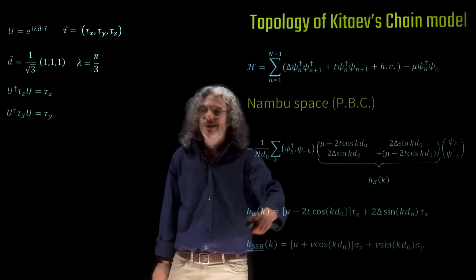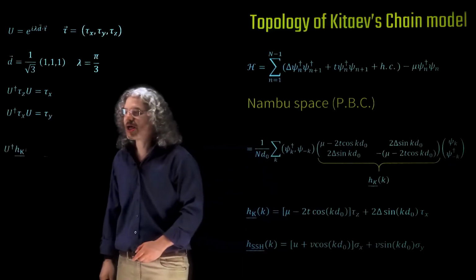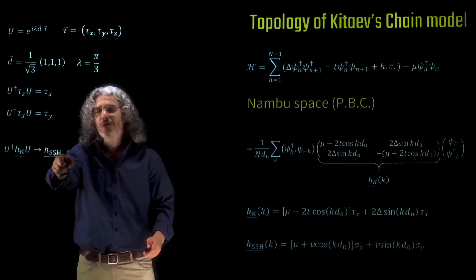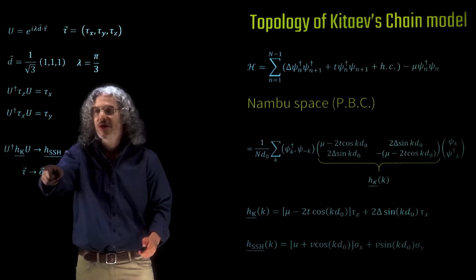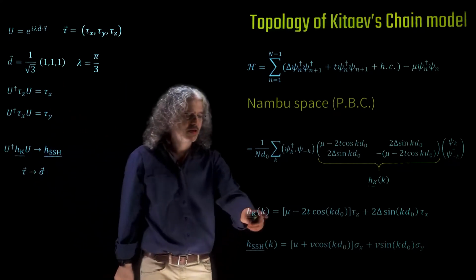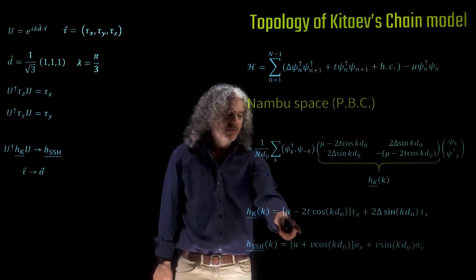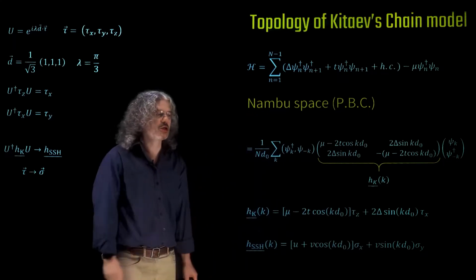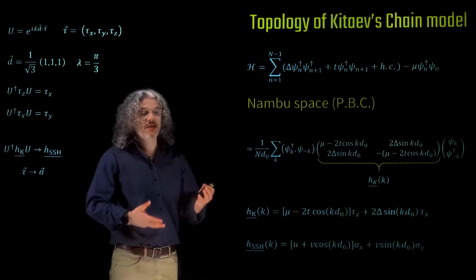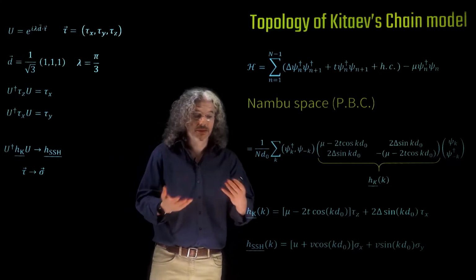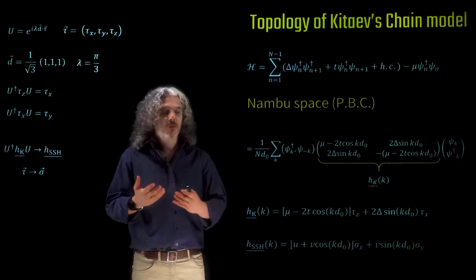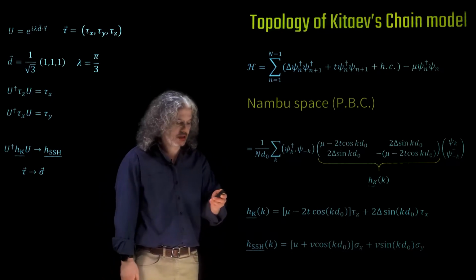So if I operate with this on h_K, I will get the SSH model. Of course I have to change tau to sigma and use similar parameters so that they actually match each other. But the important thing is that we expect these two models to have the same symmetries and very similar topological behavior.